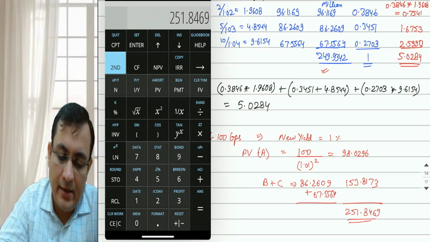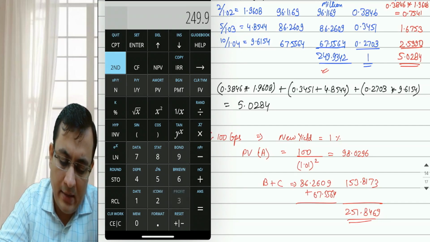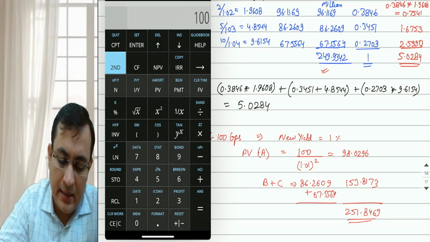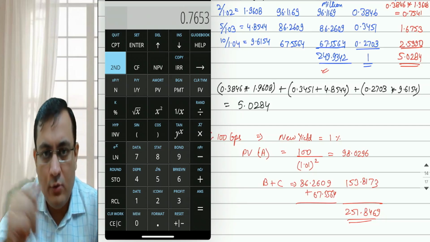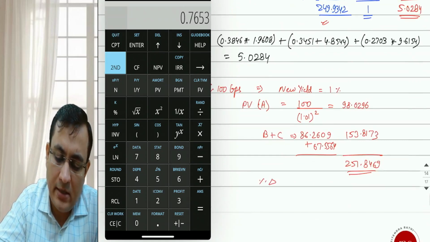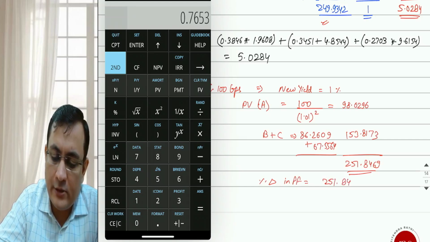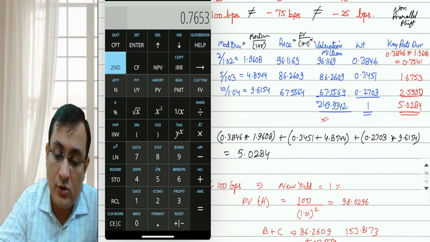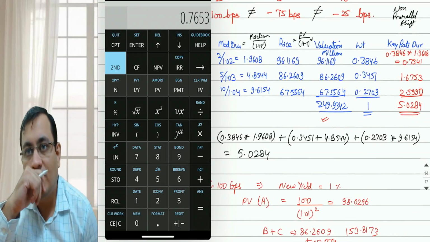Let's calculate. The change is the new value upon the old value minus 1, multiplied by 100. So the percentage change in the portfolio is 251.8469 divided by 249.9342, minus 1, whole multiplied by 100, which is positive 0.7653, almost equal to 0.7541.